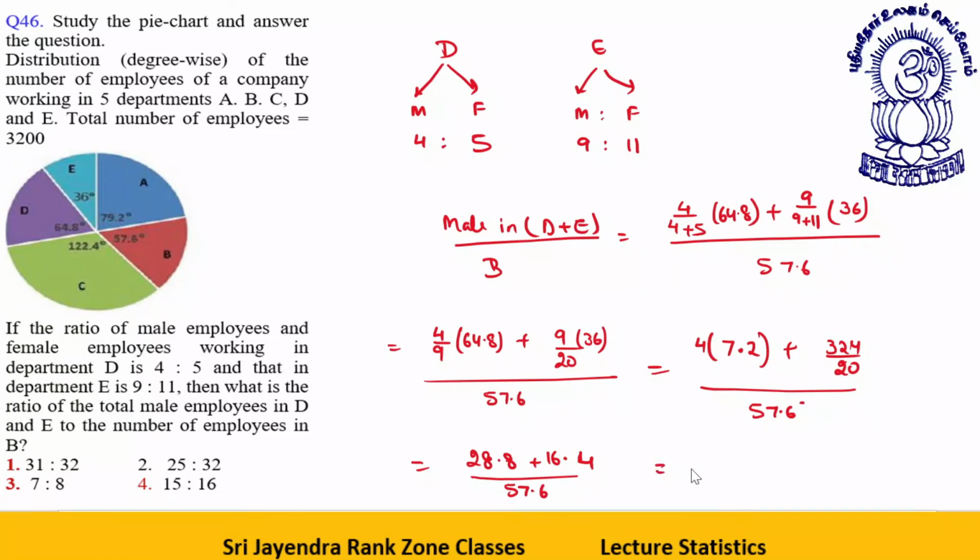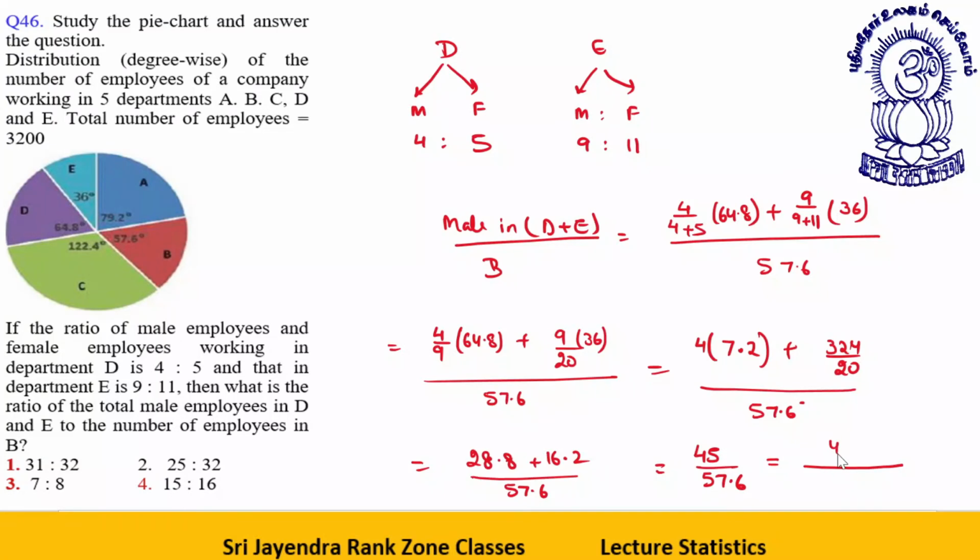So this will come out to be how much? 28.8 and 16.2, that is 45. Just little mistakes, dear student. So this will be exactly 45. Now 45 divided by 57.6.